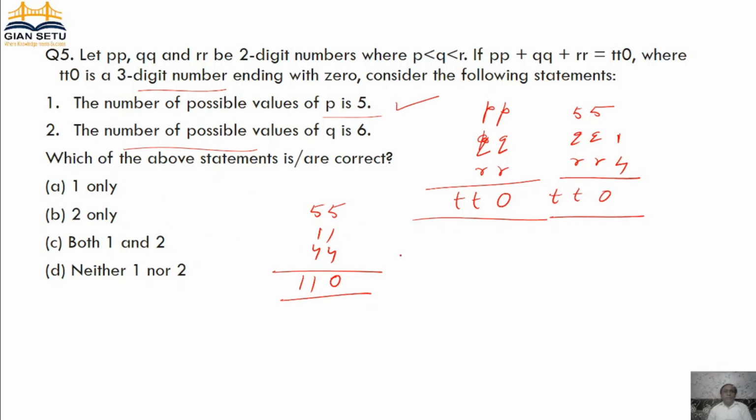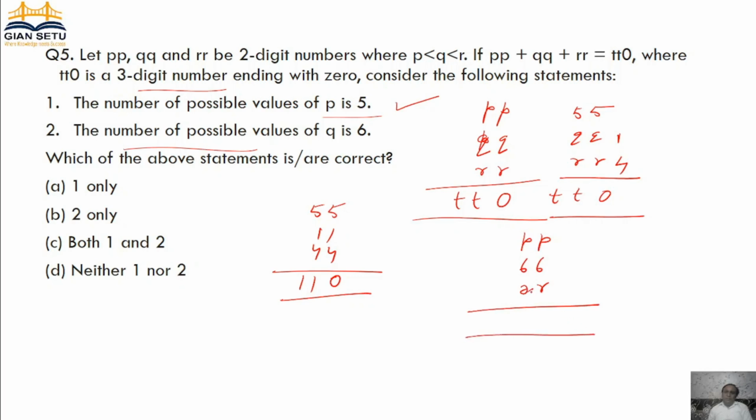Now let's see statement 2. Now here the number of possible values of Q is 6. Now let's try Q is equal to 6, then the number will be 66 here, and we have R here.